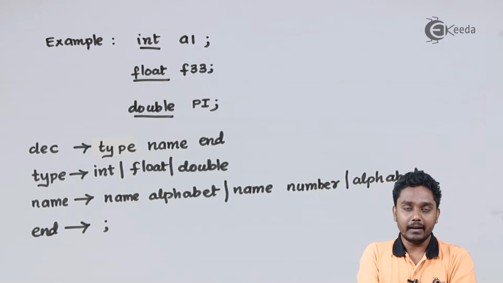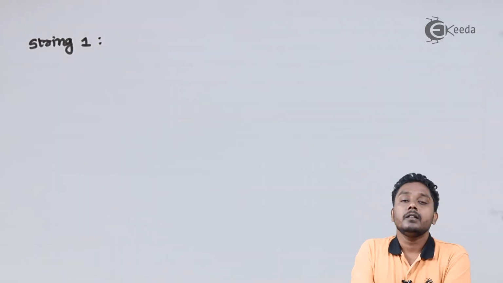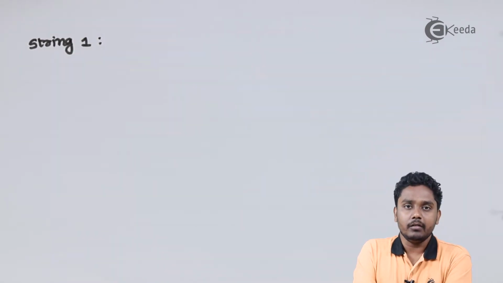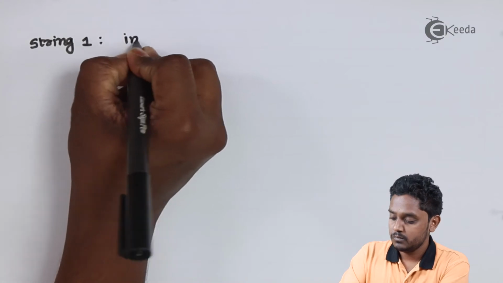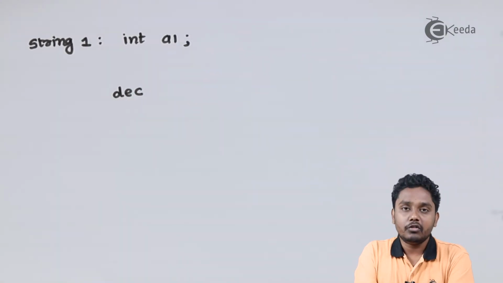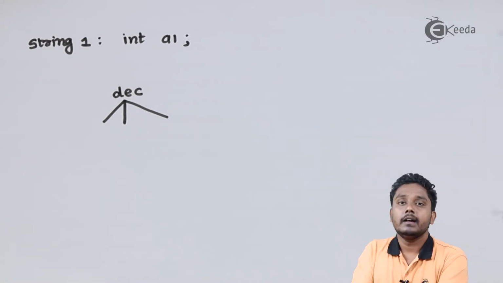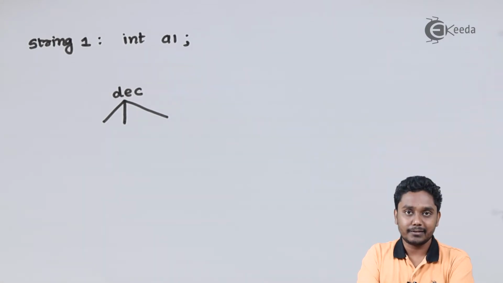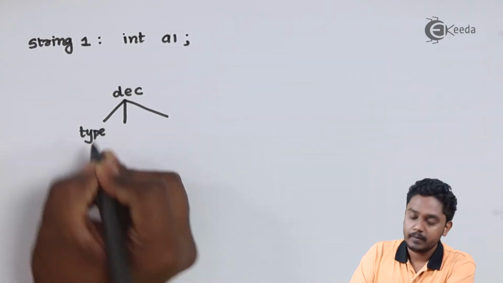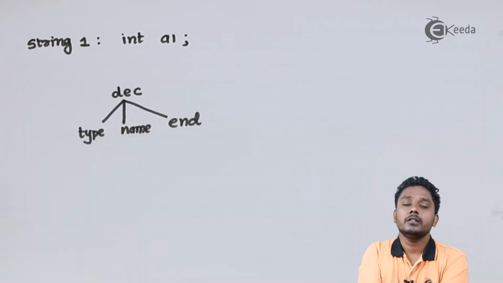Now let us try to parse the strings that we wrote using this grammar. The first string was int a1 semicolon. Declaration would be the root of the tree because it is the start symbol. It has three components. The first one is type, the second one is name, and the third one is end.